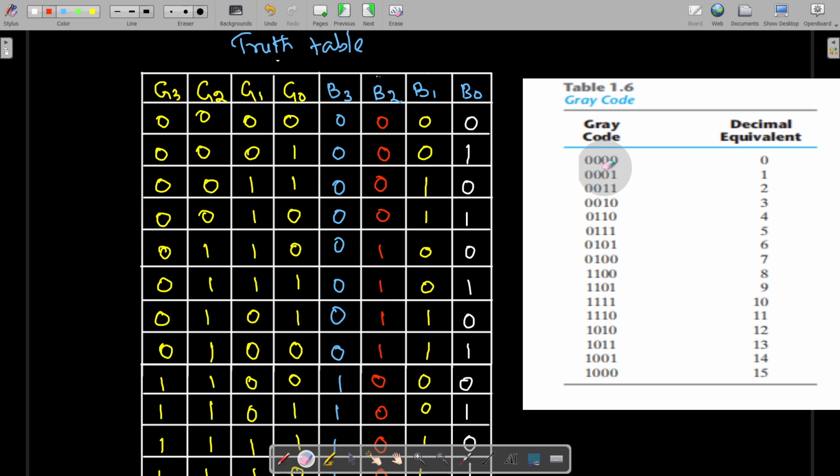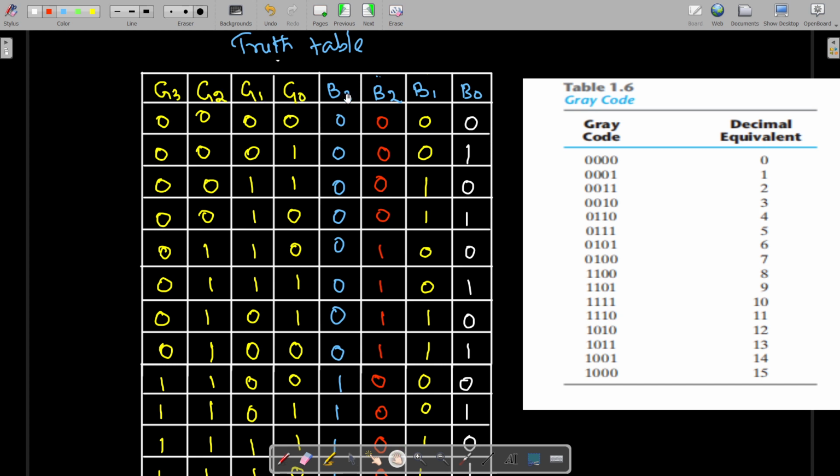Based on this table 1.6, we have placed the gray code values. Since it is a 4-bit value, we have named it G3, G2, G1, G0.